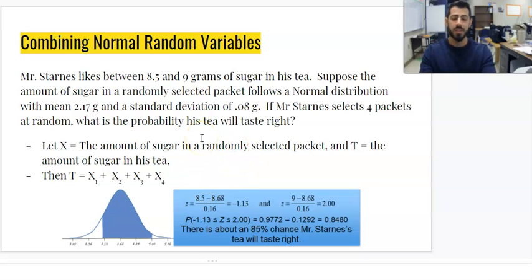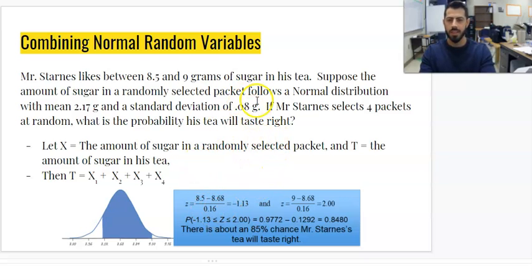And then to find the new standard deviation, we can't just add 0.08 together 4 times. We have to square it and then add that value: 0.064, add that together 4 times, and then take the square root of that. And when you do that, you'll get 0.16.